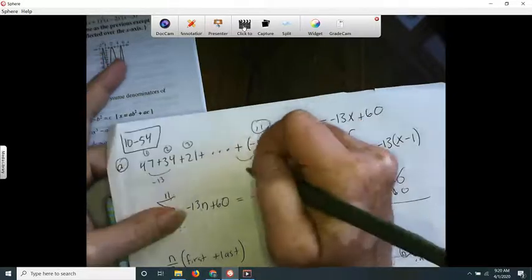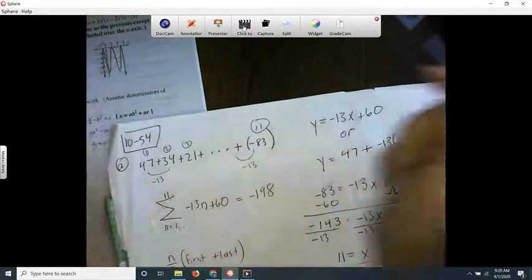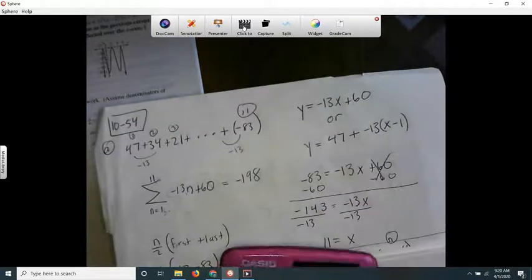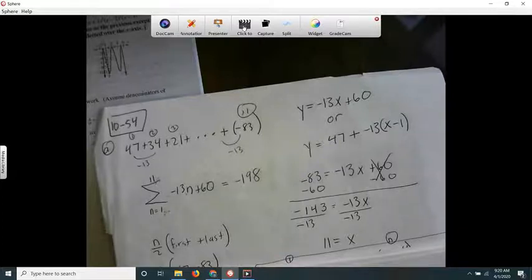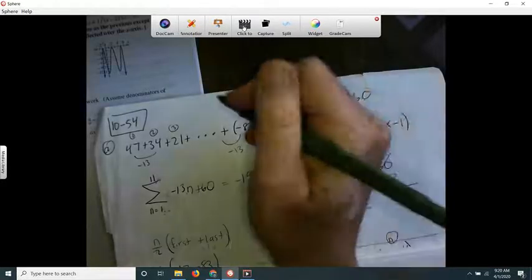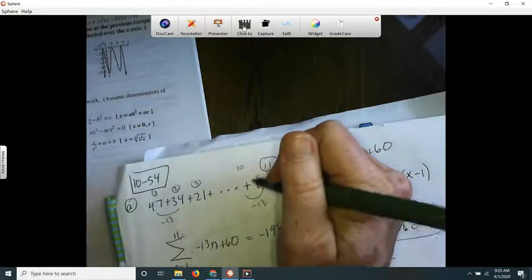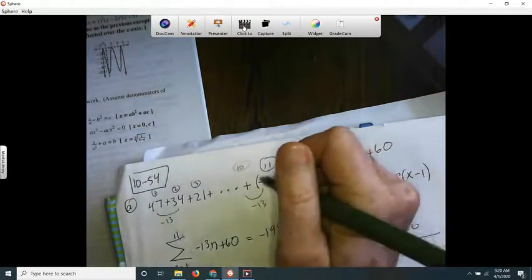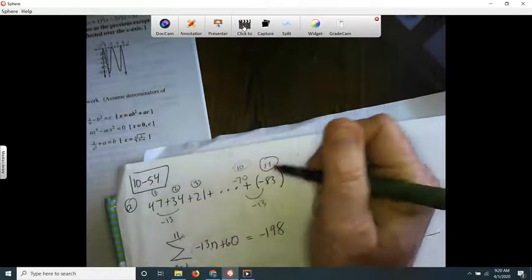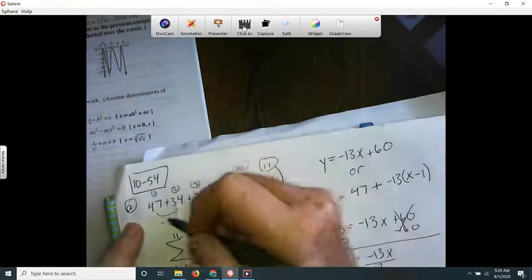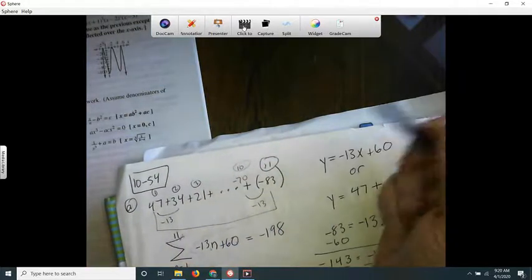What take away 13 makes negative 83? This term, the 10th term, was negative 70. So what I'm saying is there's these pairs, like the 47 plus the negative 83.